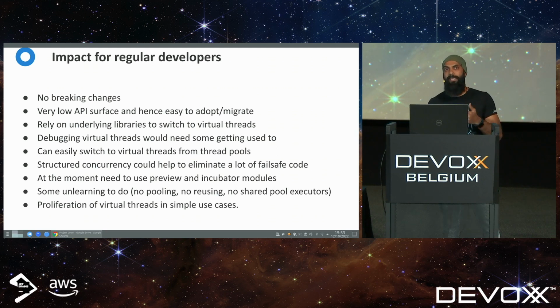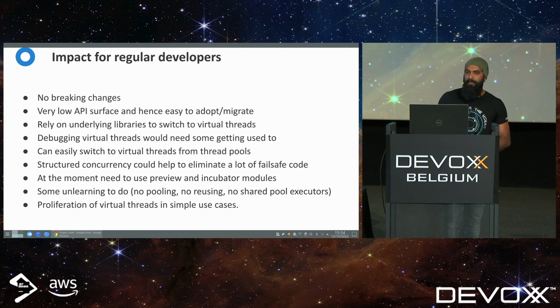It's going to give you better throughput out of the box, right? Virtual threads could be a no-brainer replacement for any use case where you're using a thread pool. It's going to increase the performance and throughput and scalability in most cases. Structured concurrency could also be useful if you're having a lot of parallel processing in your application.